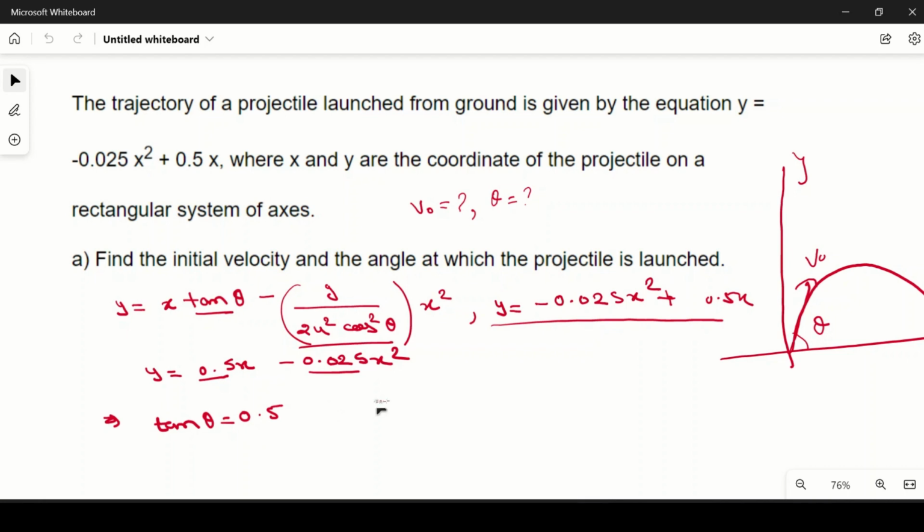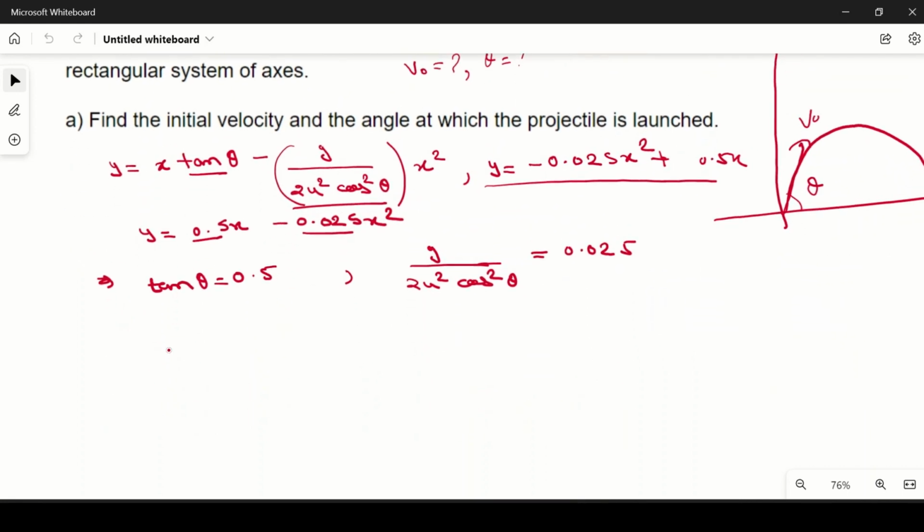So we have tan theta is equal to 0.5 and we have g divided by 2u square into cos square theta is equal to 0.025. So from here tan theta is equal to 0.5, so theta is equal to tan inverse 0.5. You can calculate from the calculator.